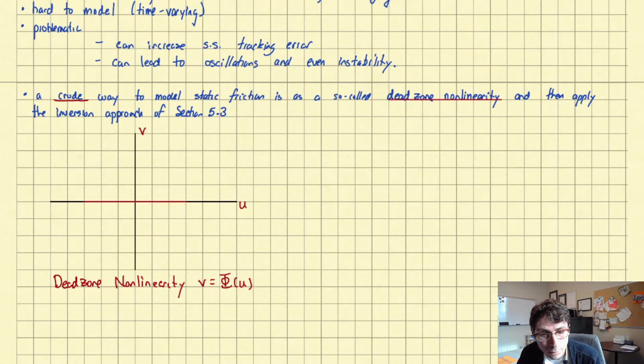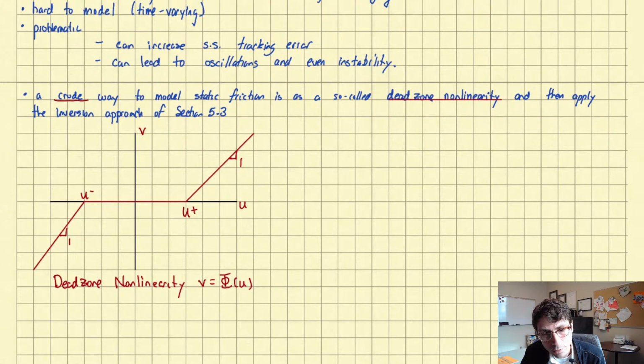So small values of U result in 0 output. Eventually, when you overcome the static friction, U starts to show up. The slope here is 1. We will call these points where the slope goes from 0 to 1 the points of non-smoothness. Call those U plus and U minus.